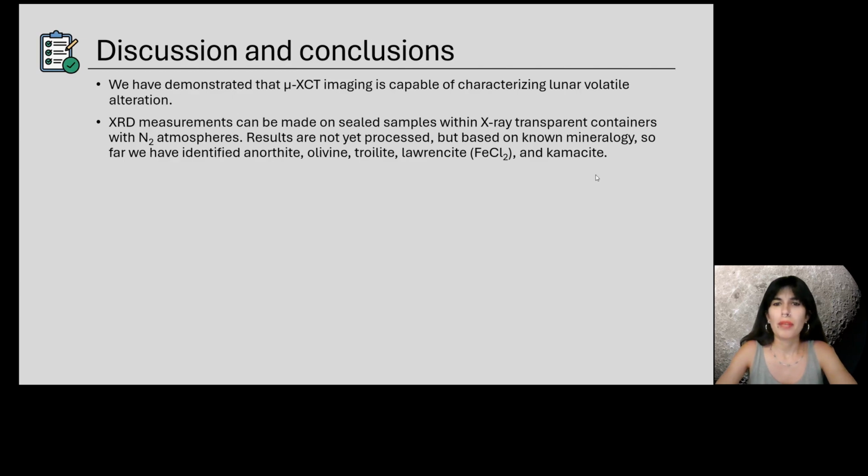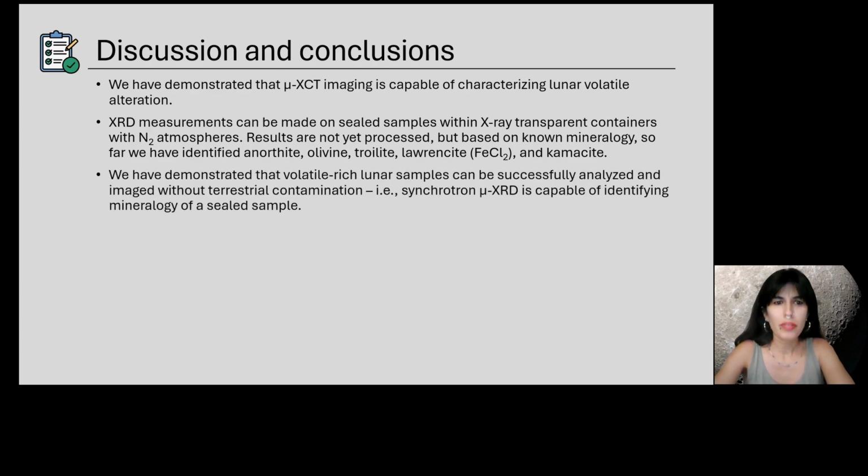And even though the results are not processed yet, we already see that there's a very good match for anorthite, olivine, troilite, lawrencite, and kamacite. We have demonstrated that volatile-rich lunar samples can be successfully analyzed and imaged without terrestrial contamination. And more importantly, with synchrotron micro-X-ray diffraction, we can identify the specific mineralogy of a sealed sample.